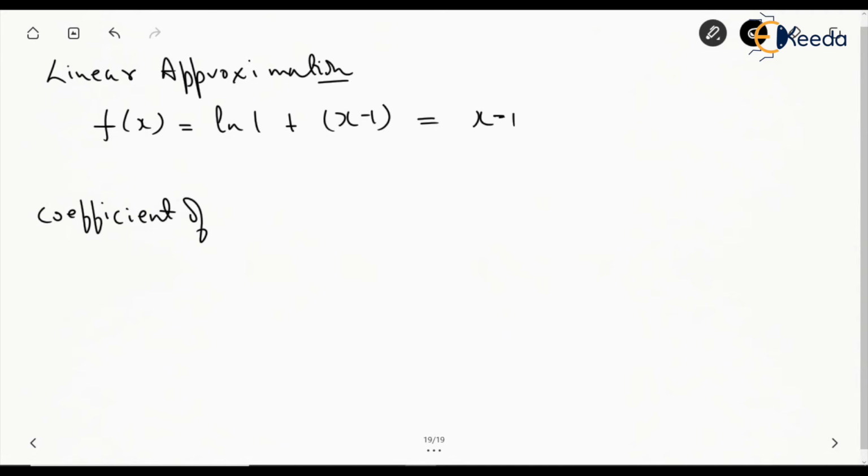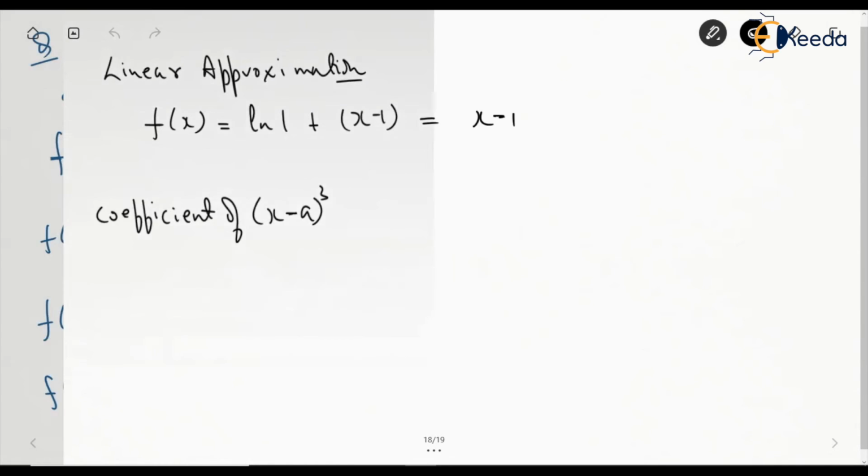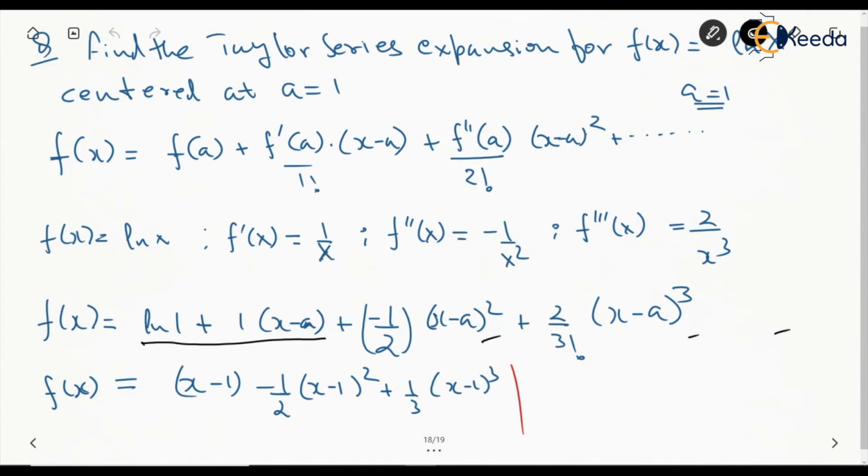of, let's say, x minus a cube. So from the previous term we can see that this is the term of x minus a cube, and what we have is f triple dash x divided by 3 factorial.